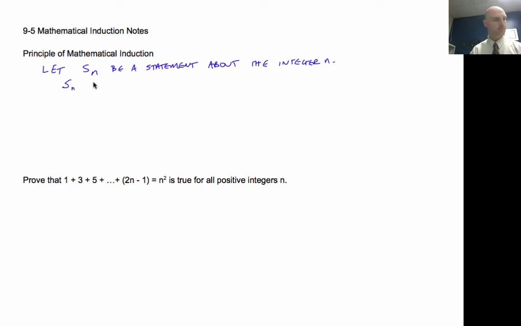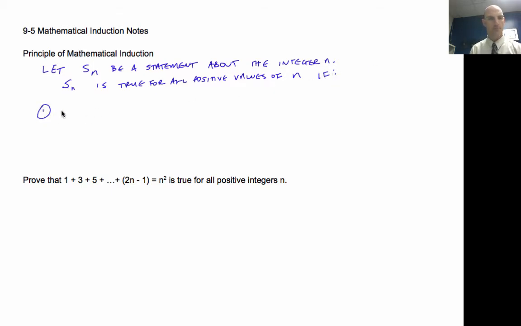S sub n is true for all positive values of n if I can prove a couple of things.